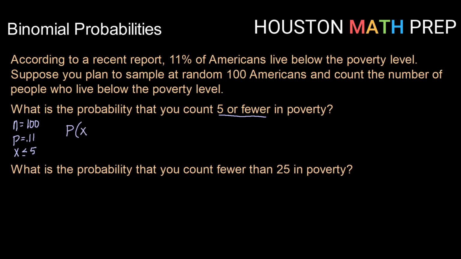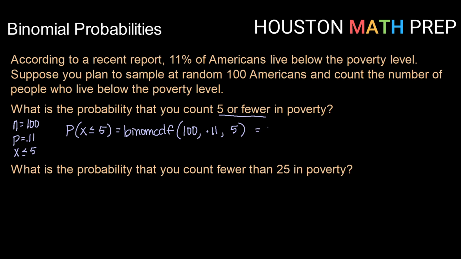So our probability that x is less than or equal to 5 can be found using binomial CDF with 100 as our number of trials, 0.11 as our probability of success, and 5 as the number we plan to be less than or equal to.